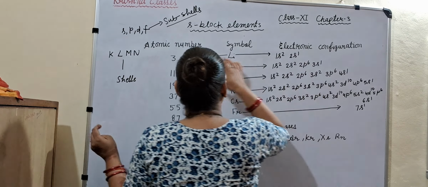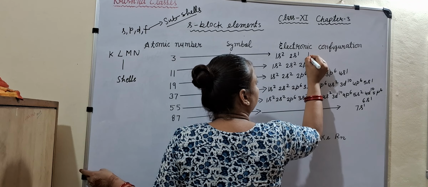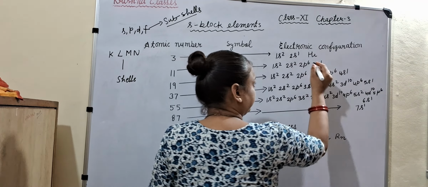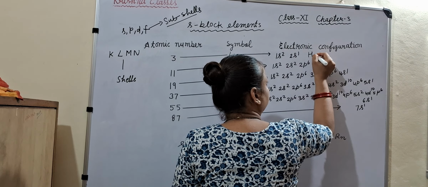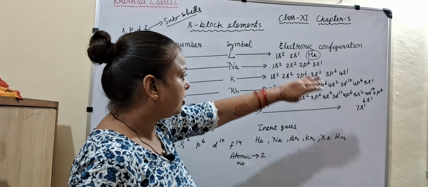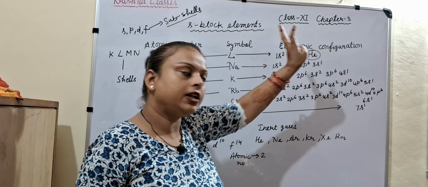So when lithium loses 1 electron, then it is converted into helium configuration. So this is just near helium.